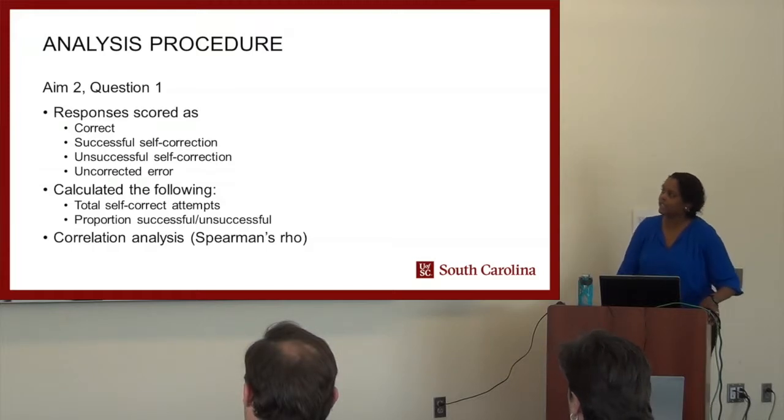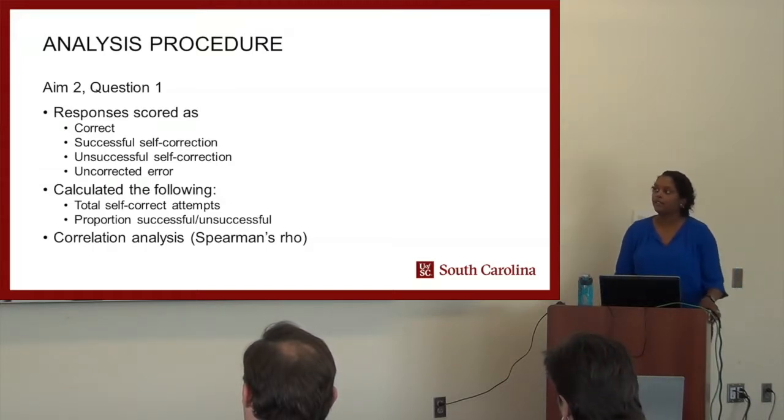An unsuccessful self-correction was if they were initially incorrect in their attempt and continued making incorrect attempts, or if they provided a correct response and then self-corrected to the wrong response. And then an uncorrected error is just a single response that was incorrect.